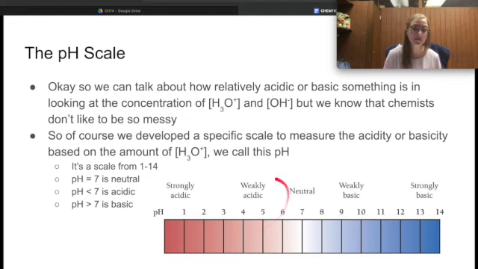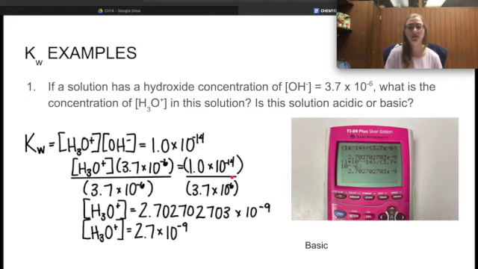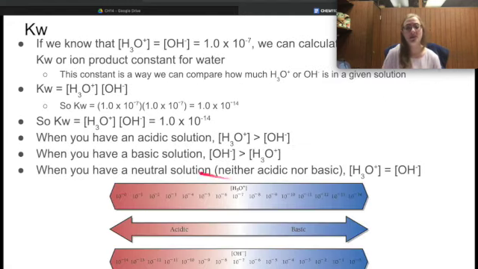So it's the same thing we saw in this picture here, where we go from very large amounts of H3O plus to a basic environment where our concentration of H3O plus is very small. They're exact opposites.